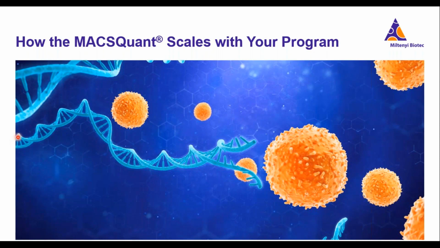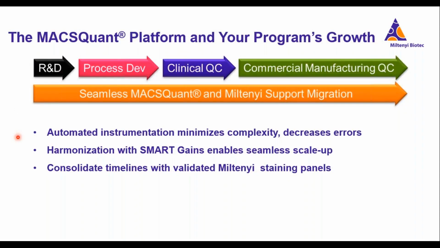And then the question is, how does the MACSQuant scale with your program? We talked about that a little bit a second ago in the first few slides. So as your program develops from R&D, process development, clinical QC to commercial manufacturing QC, the systems have the ability to allow you to seamlessly integrate the MACSQuants in all of those processes. The MACSQuant technology can follow your program, and then you get support as those processes are migrating.